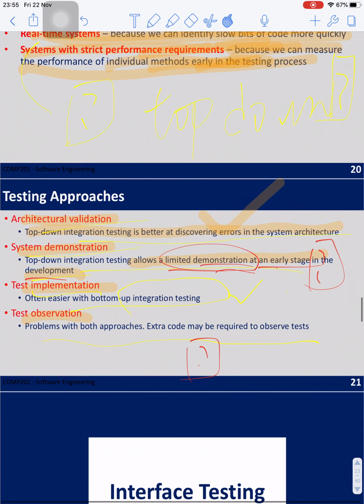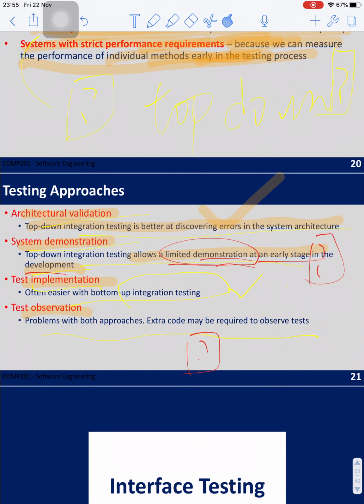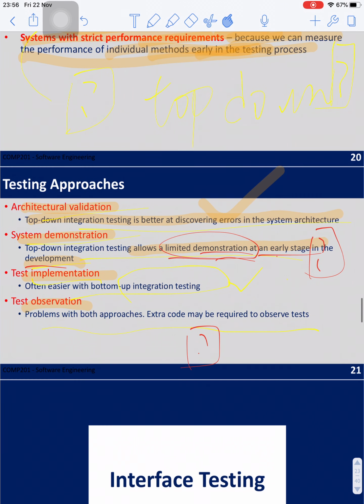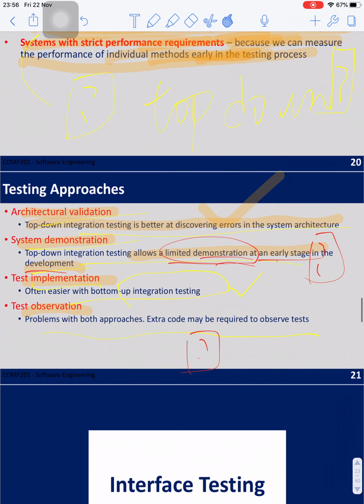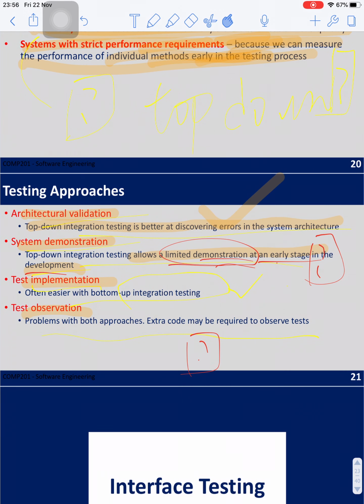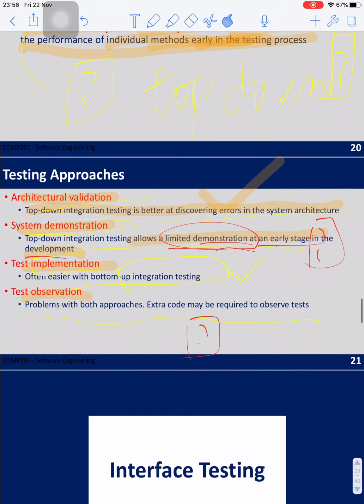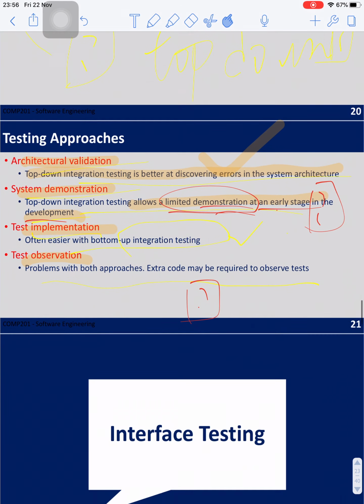The system with strict performance requirements, because we can measure the performance of the individual method early in the testing process, just like we are going to make the improvements in the future.